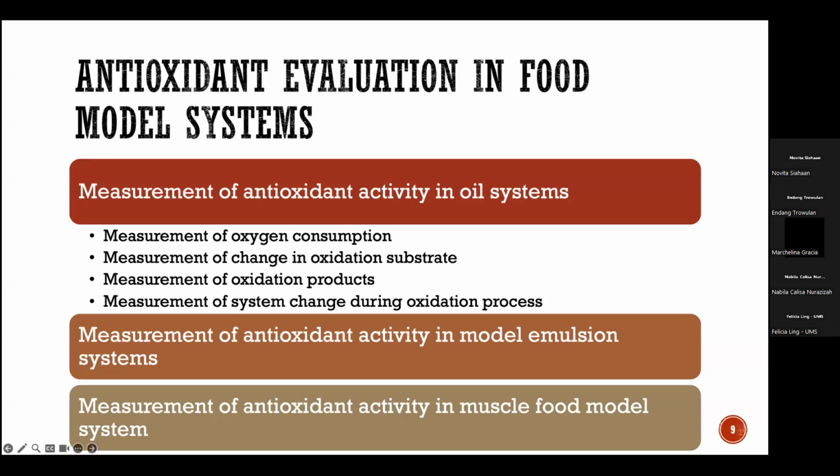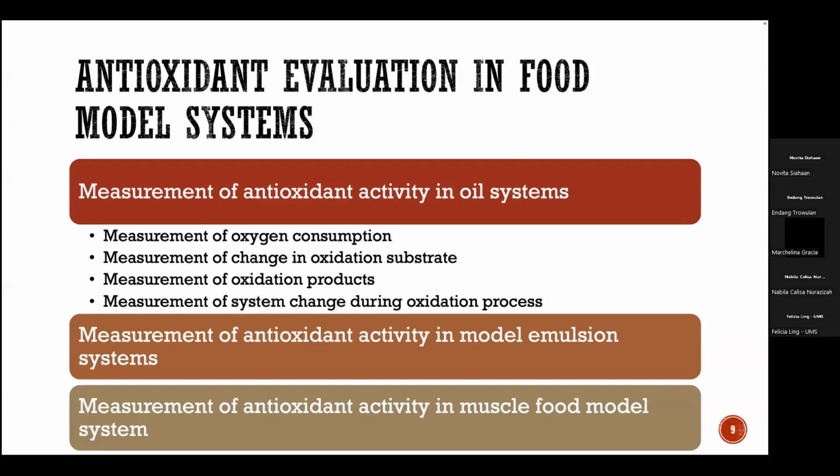First, you can focus on the measurement of antioxidant activity in the oil system. Let's say you want to focus on the krepek. You know krepek, right? Chips, krepek chips, fish crackers, keropok ikan. If you want to produce a fish keropok, maybe you want to see the antioxidant activity in the oil system.